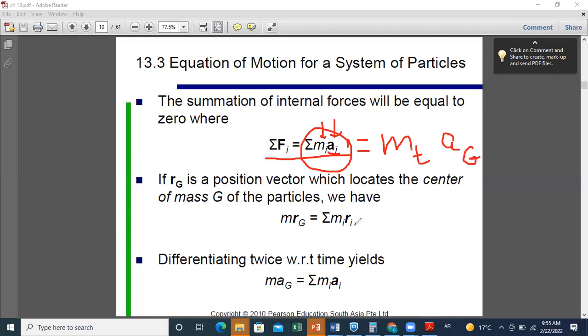What is the definition of a center of mass? You know that the center of mass in general is used to replace several particles.